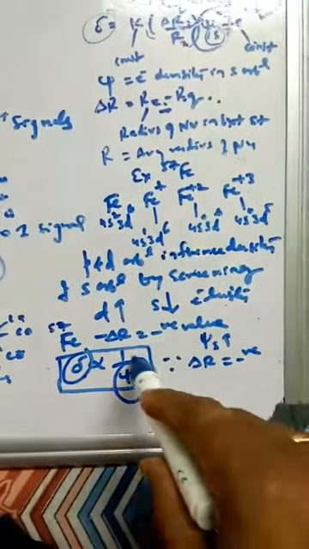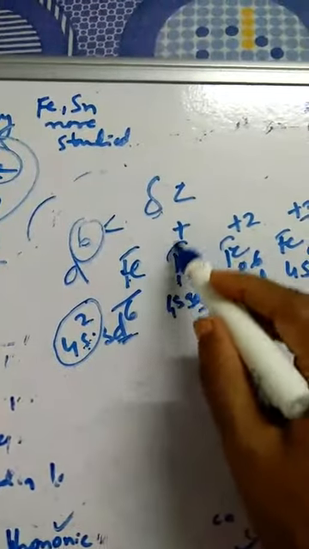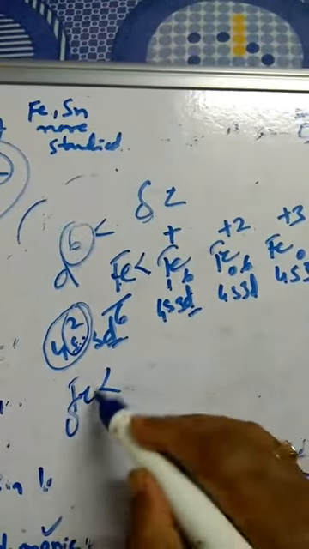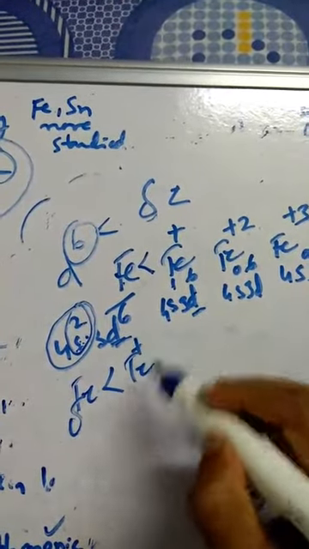The relation is: the more the electron density in the s orbital, the less the chemical shift. It is very simple. So the chemical shift delta value of Fe is less than Fe+.